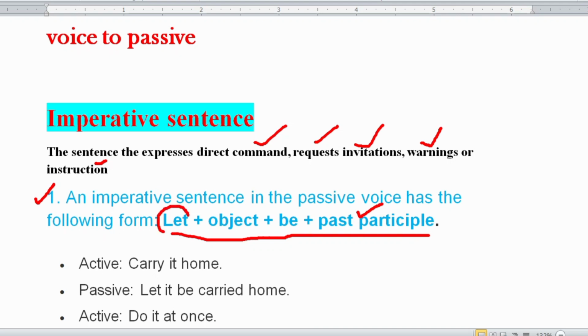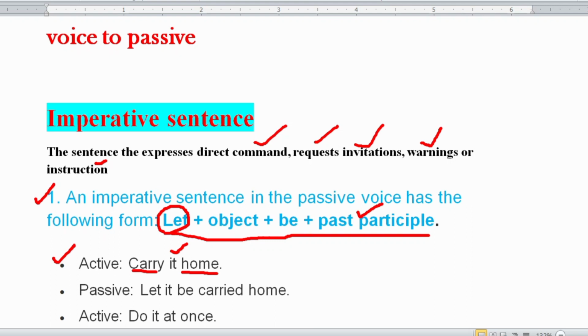We have some examples. The very first example, active: carry it home. Carry is our verb and it is our object. Keep in mind this 'it' is an object pronoun, not a subject pronoun. Here it acts as an object pronoun. And home is our adverb, an adverb of place. Now: let it be carried home.